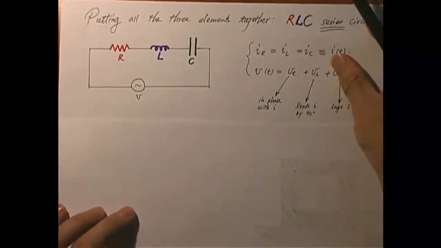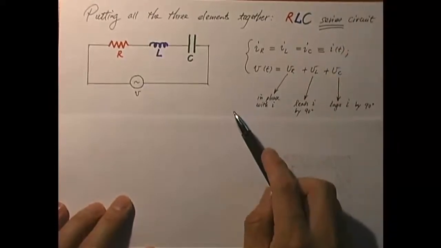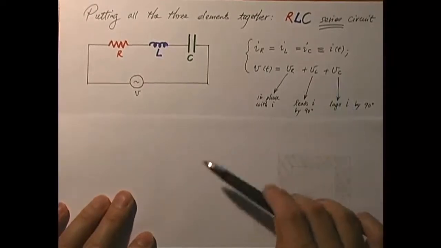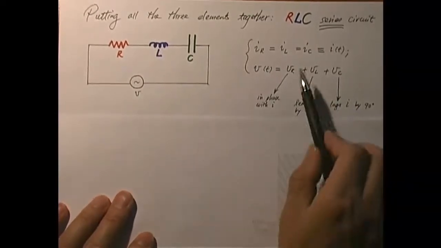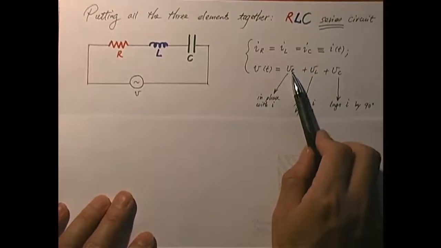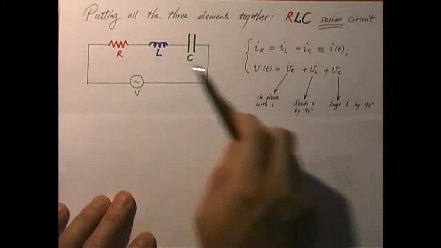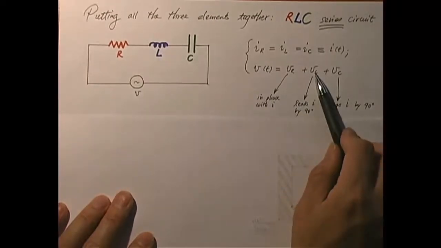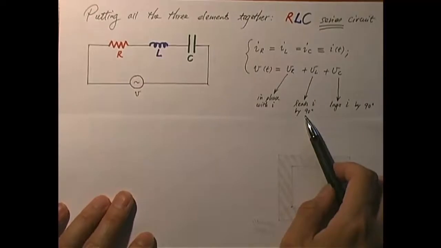Take a close look at these three voltages. We have studied them separately before. For a resistor, V_R is in phase with the current. V_L always leads the current by 90 degrees, as we studied just a minute ago.